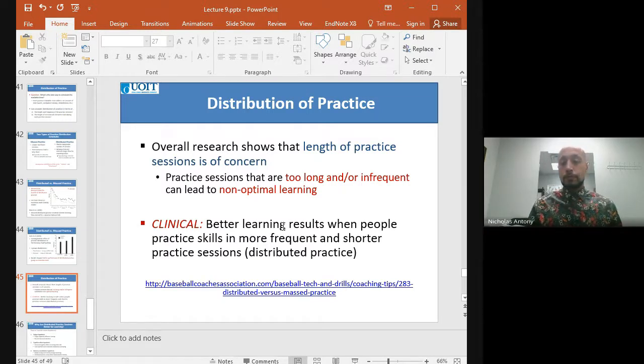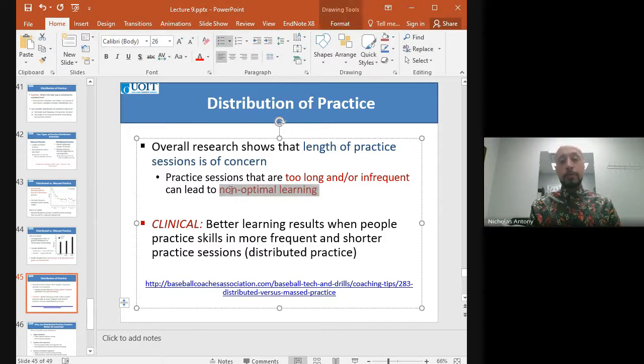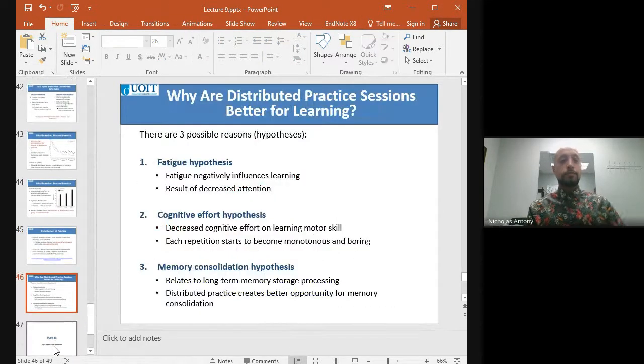So overall, the take-home point is that in regards to the length of the session, if they're too long or too infrequent, it leads to non-optimal learning. Now, I asked you guys why this would be, and you all answered correctly for different reasons.